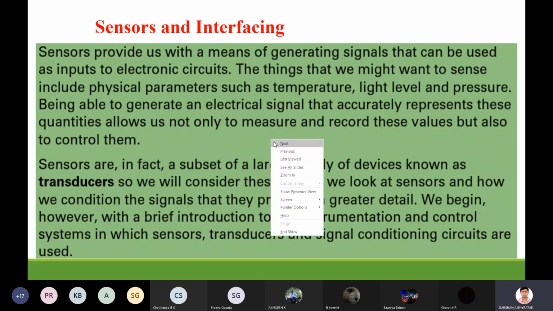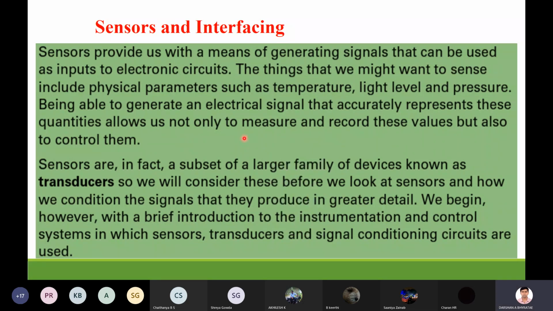Okay, so here the sensor is going to generate signals, that is, an electrical signal, from a physical quantity. What is a physical quantity? Your temperature, your light, your pressure.